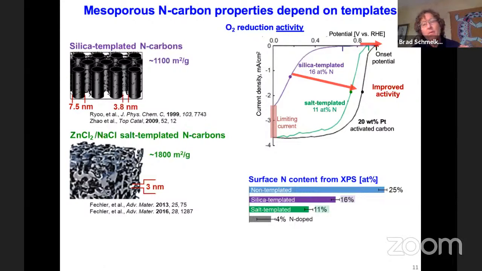So we've increased by 3 to 4 times the amount of surface nitrogen compared to what has typically been possible with the more widespread efforts to introduce nitrogen into these.